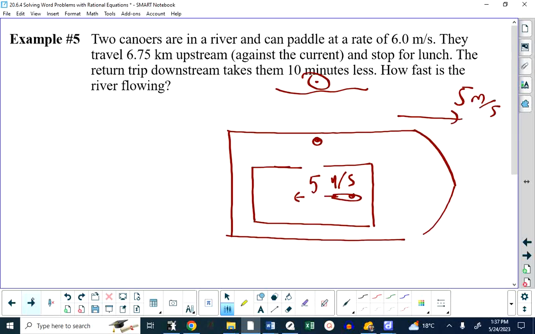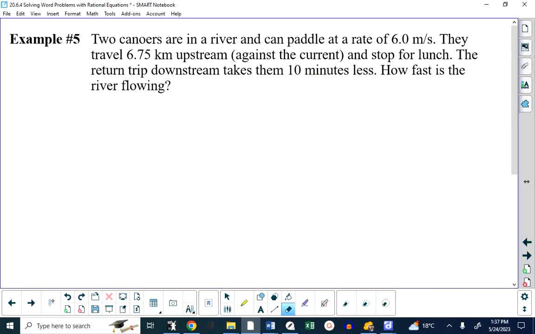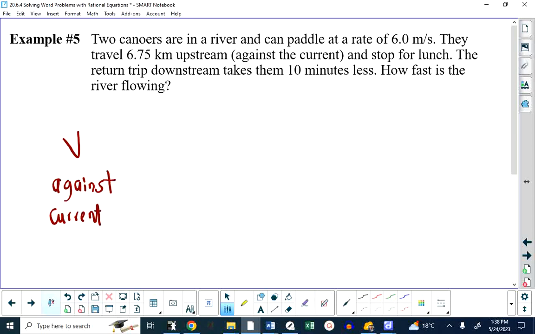Well, rather than having a cruise ship, what we have is a river. So when I say that I travel against the current, my speed against the current will be slower than my speed with the current.